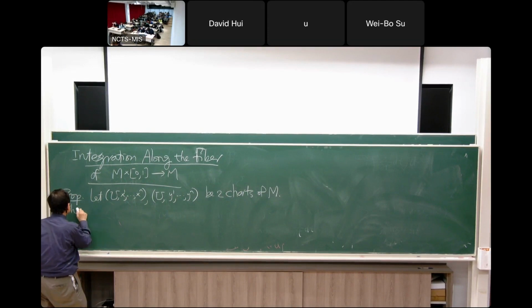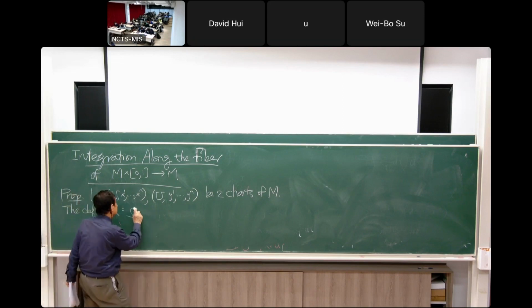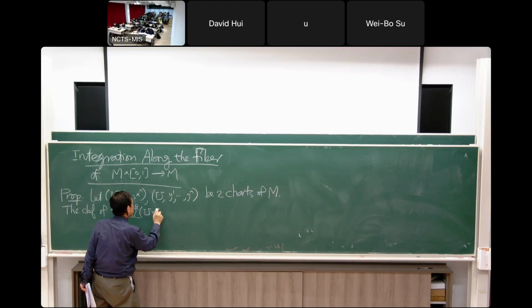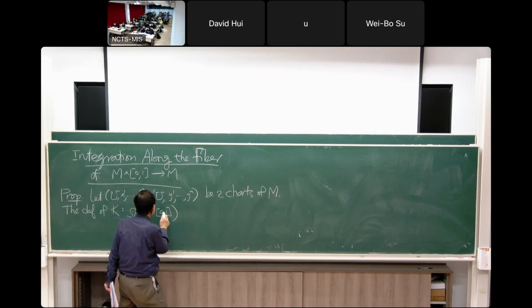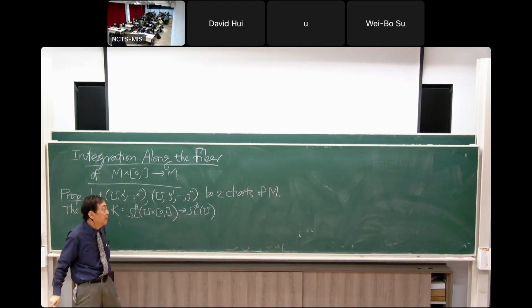So the definition of K, which is integration along the fiber, from forms on U cross [0,1] to forms on U, is independent of the coordinates.